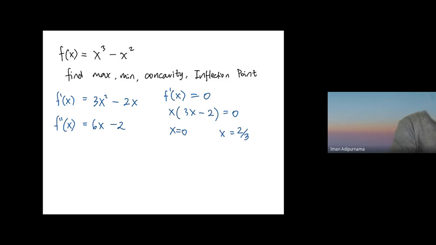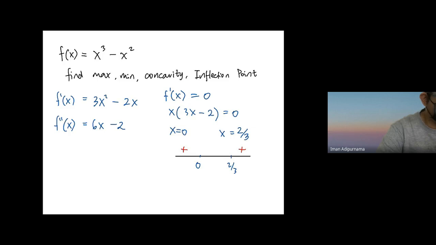Okay, if you want to be more careful, you can check with the number line. This is 0 and 2/3, and check all the points that are necessary. Check maybe -1, it will be positive here. If you check 1, it will also be positive.